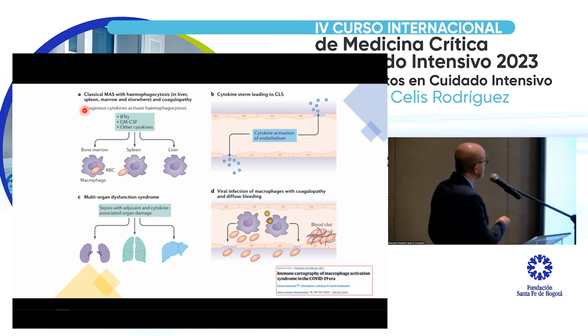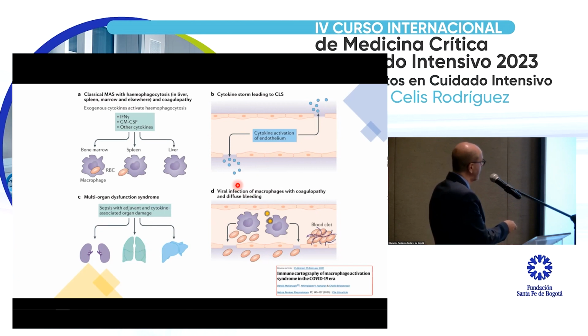There are many presentations. You have this presentation in which you see damage mediated by cytokines, interferon gamma, other cytokines like the colony stimulating factor of the macrophage. You can have a cytokine storm with a leak syndrome, or you can have a multi-organ dysfunction pattern after an infection like you see in sepsis, but particularly in viral infections.